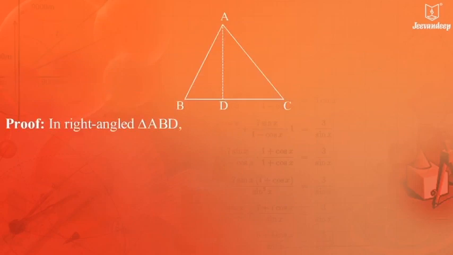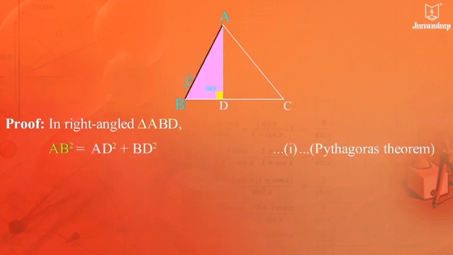Proof. In right-angled triangle ABD, AB square equals AD square plus BD square. Equation 1, according to Pythagoras Theorem.